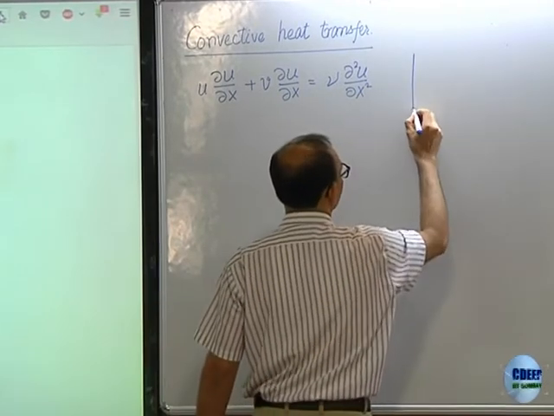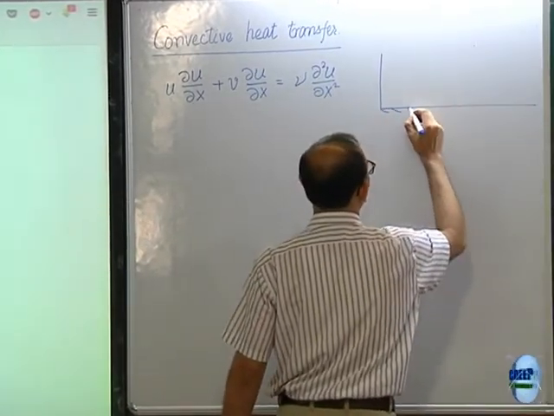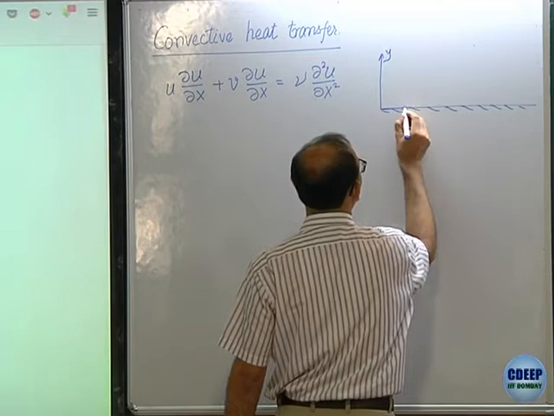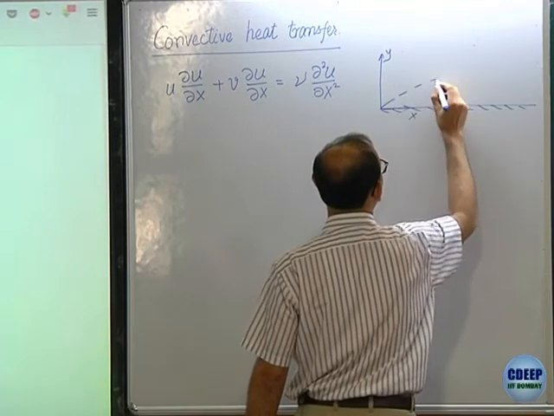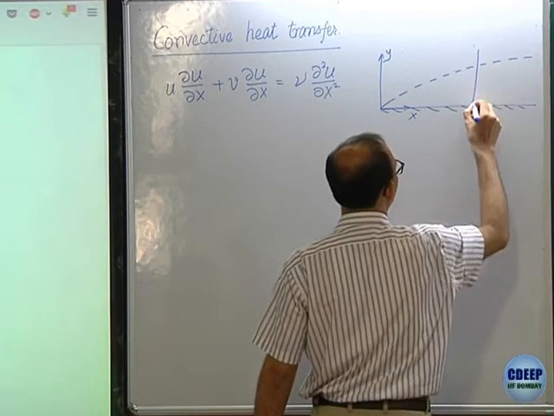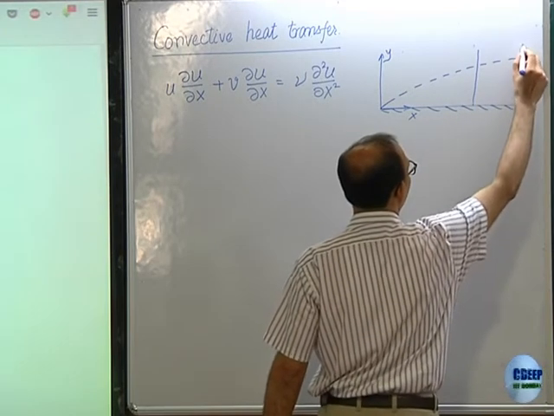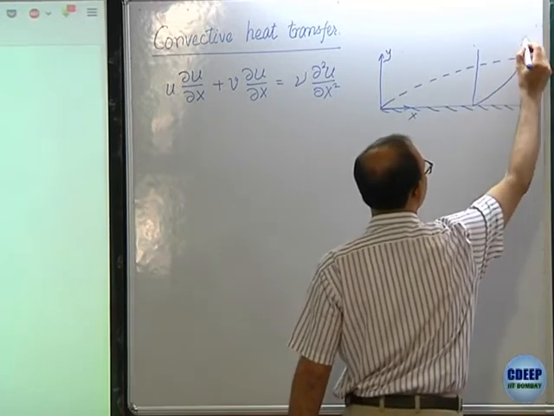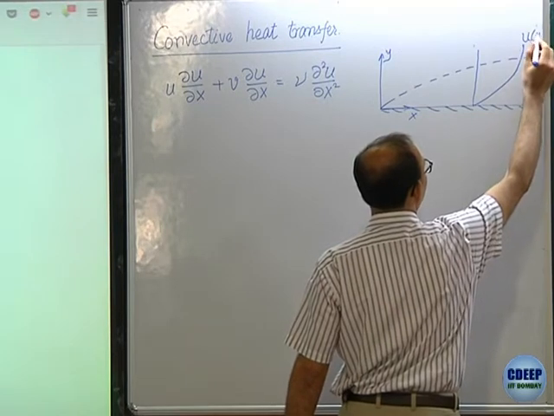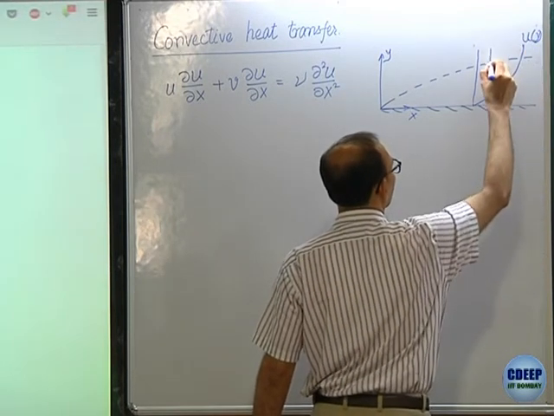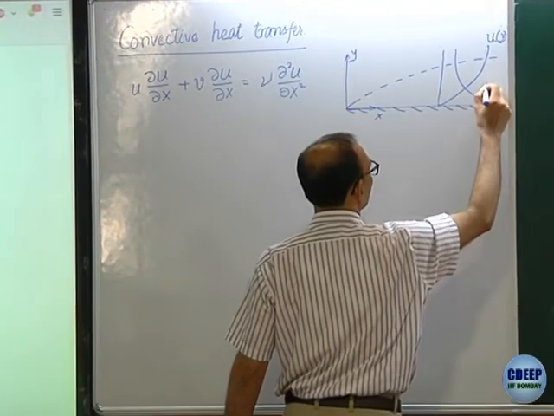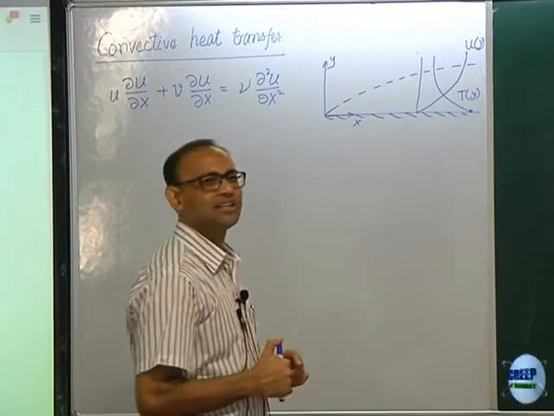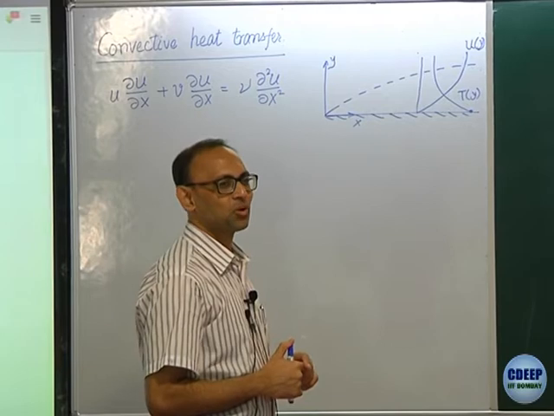This equation was written for a flat plate boundary layer. This is u of y and this is T of y. Okay, so let me now add to this the equation that we would solve for getting temperature.